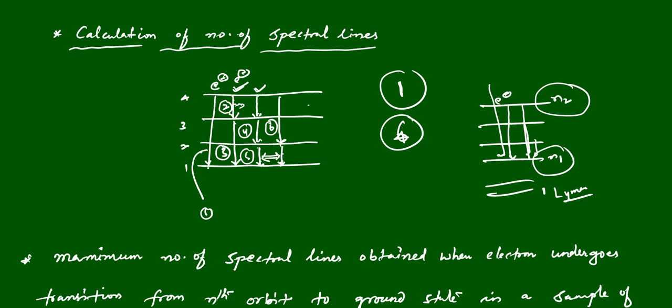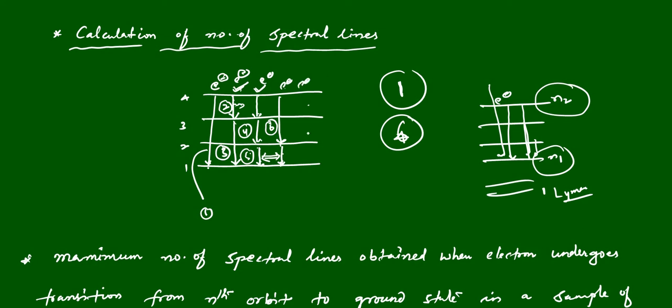So in case of a hydrogen sample, if you take 1 gram or 1 mole of sample, a huge number of atoms may excite. All the electrons which are excited, when they come back to the ground state, each electron can give one radiation. Sometimes it may come directly to the ground level, or from an intermediate level to the ground level. So this second electron may give these two spectral lines, the third electron may again give two spectral lines, and the fourth electron can give one spectral line.